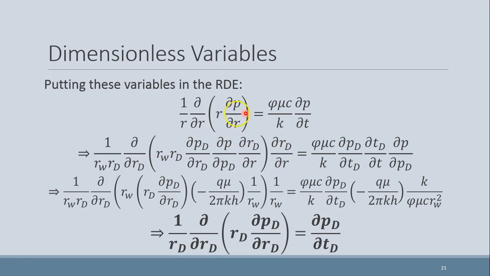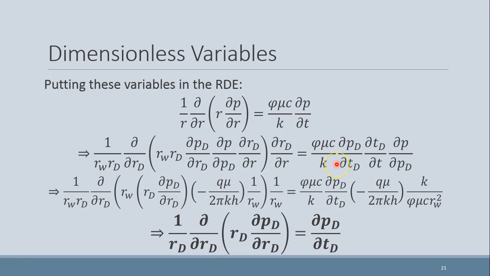Then inside the bracket we write again r as rw into rD. Del P by del r can be written as del PD by del rD into del P by del PD into del rD by del r. Wherever you see calculations in this entire process, it is suggested that you do them yourself. Take the calculation step from here and then do it yourself.